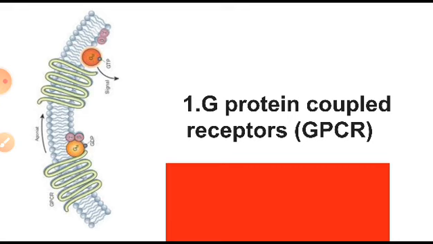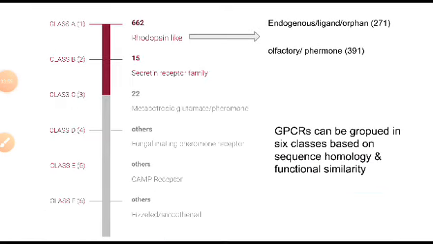So they have two regions, one at the extracellular part and another on the intracellular part. In the intracellular part, they activate a very unique protein or signaling molecule, which we call a G protein. You can see later.